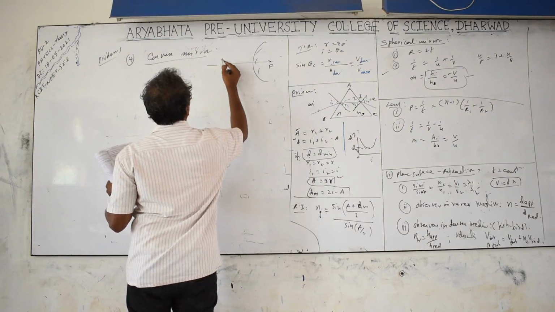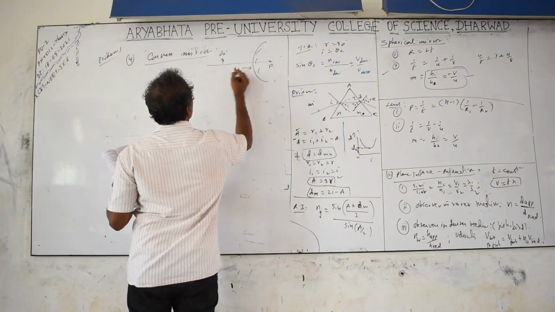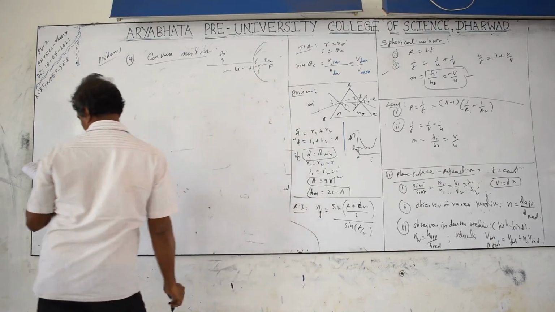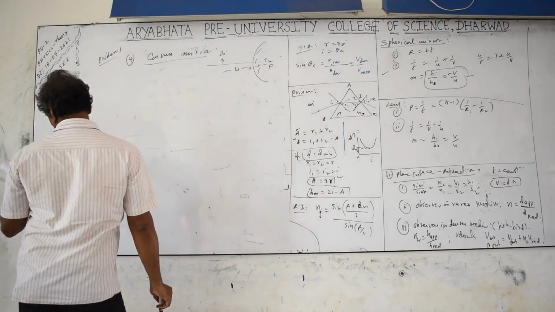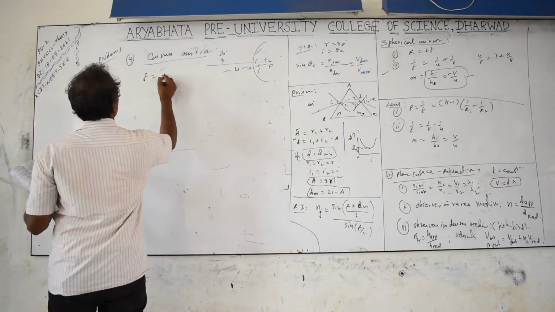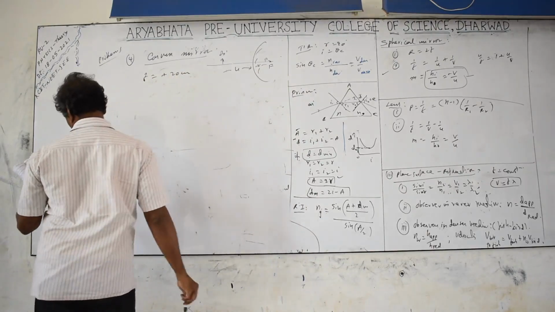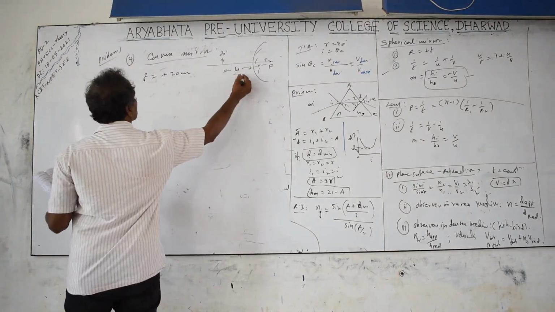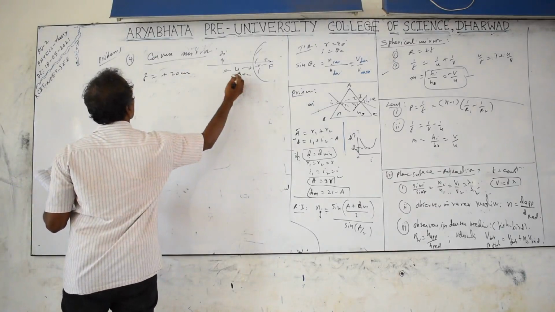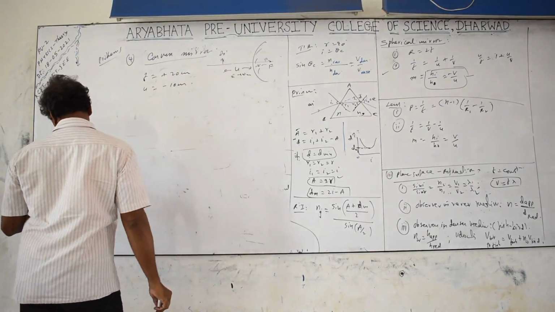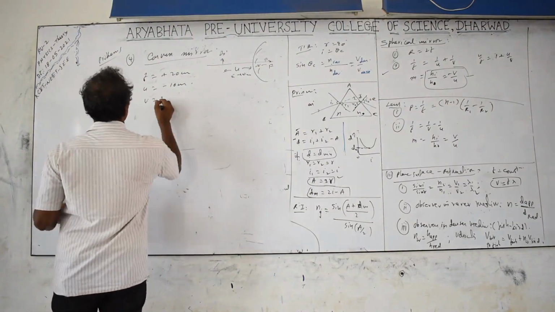The object you put here, u here, and v compulsorily you will get positive only. Fourth one: convex mirror, focal length is 20 centimeters, f equals plus 20 centimeters. Object distance is 10 centimeters, so u equals minus 10 centimeters with the negative sign. Find the image distance v.